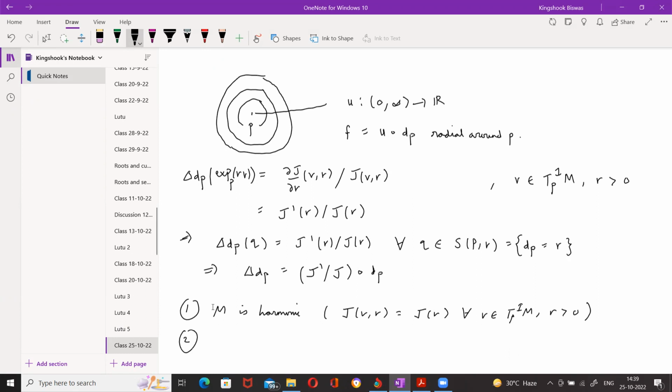The second claim is for all p in M, the Laplacian of the distance function is radial.